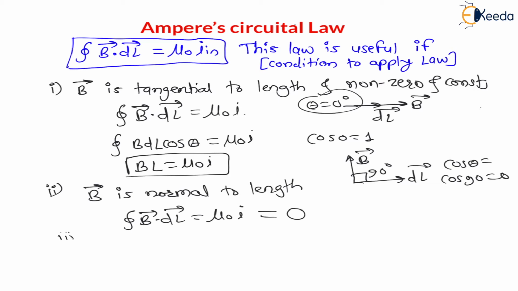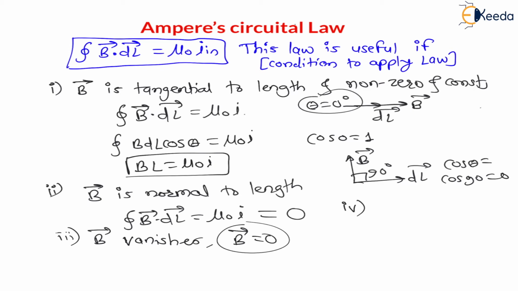Third, we can apply this law whenever B vanishes. B vanishes means the net magnetic field there is 0. So definitely we can apply this law, right? Here directly we know the value of the magnetic field, which is 0. And last is, this law is very much useful for higher symmetry.